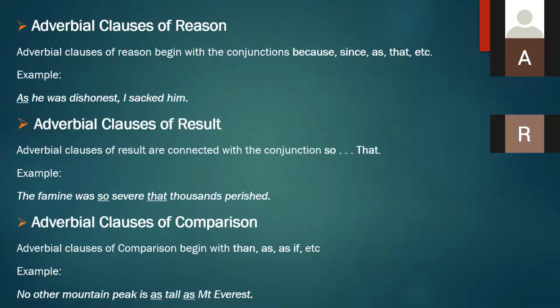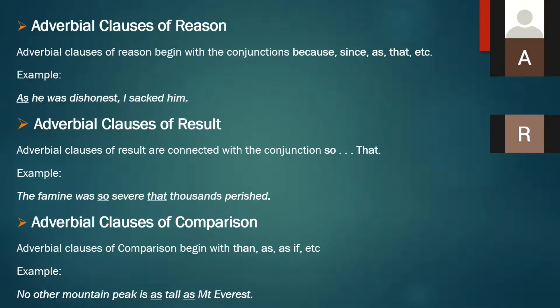Adverbial clauses of result. Adverbial clauses of result are connected with the conjunction so that. So, for example, the famine was so severe that thousands perished. So here we can see thousands perished is the result, and so that is the conjunction used in this sentence. Adverbial clauses of comparison.